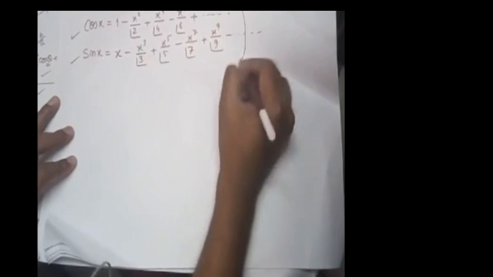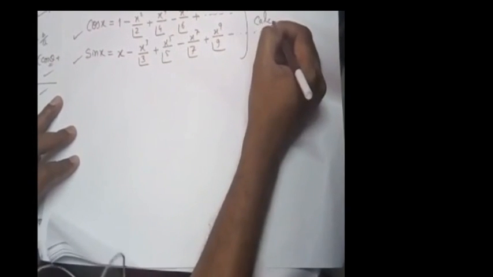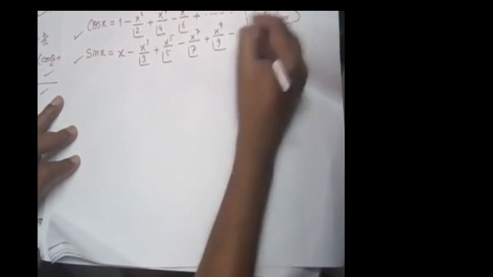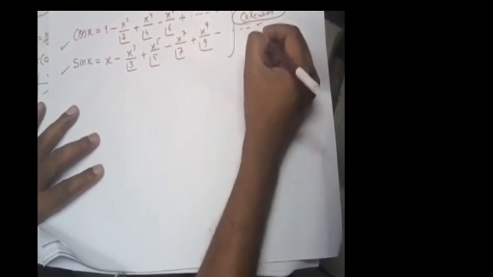These are the series which can be defined by the differentiation method in calculus. So this is part of our advanced classes like BSc and MSc. But we can read this cos x and sin x as well. And one more thing we have read, that is e to the power of x.